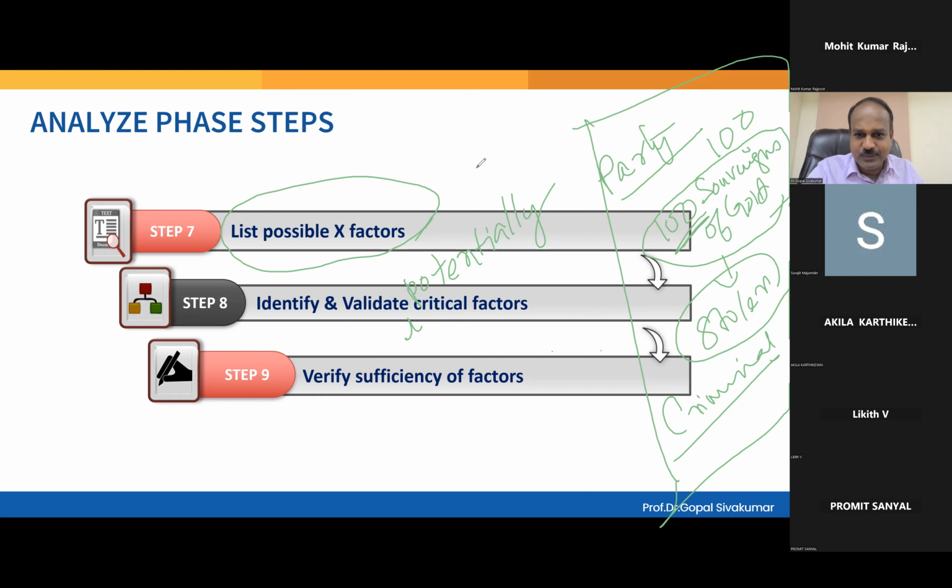In your equation y equals f of x, can you list down all the x? X1, x2, all the x. Don't leave anything. Do you understand, all of you? Yes, sir. This is known as possible X factors. The moment I secure the place, I am very, very sure that the criminal is inside that secured place. Am I right? Yes, sir.